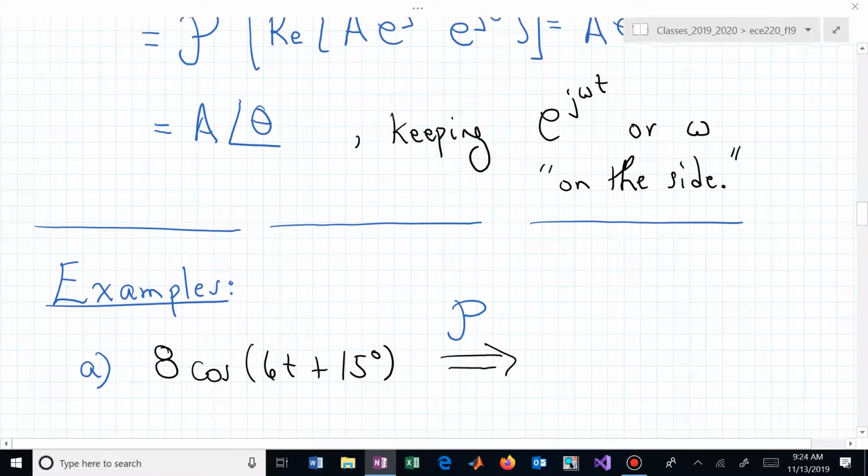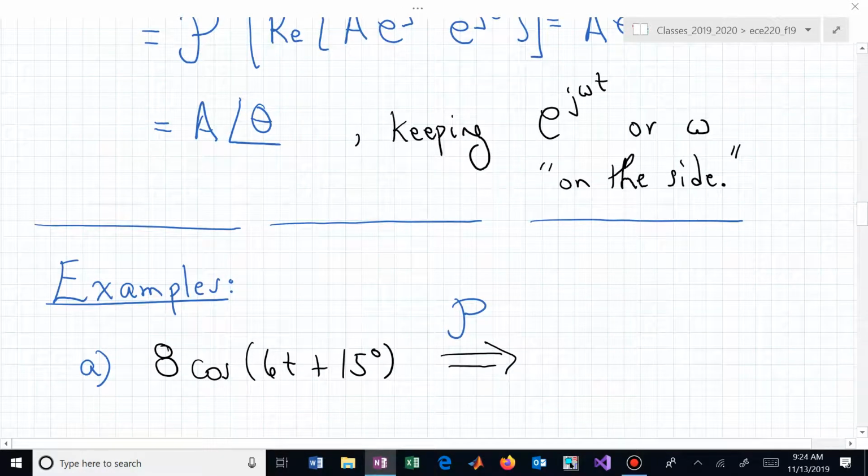If that's the case, I want you to now apply the phasor transform to some examples. If I say, oh, take the phasor transform of a cosine 6t plus 15 degrees, the other thing that you have to just get used to is the fact that the angle theta, sometimes it's expressed in degrees, sometimes it's expressed in radians. If you're plugging all of this into a calculator, you need to make sure that you have the argument right. This 6t, what are the units on it? 6 is the omega, that's radians per second.